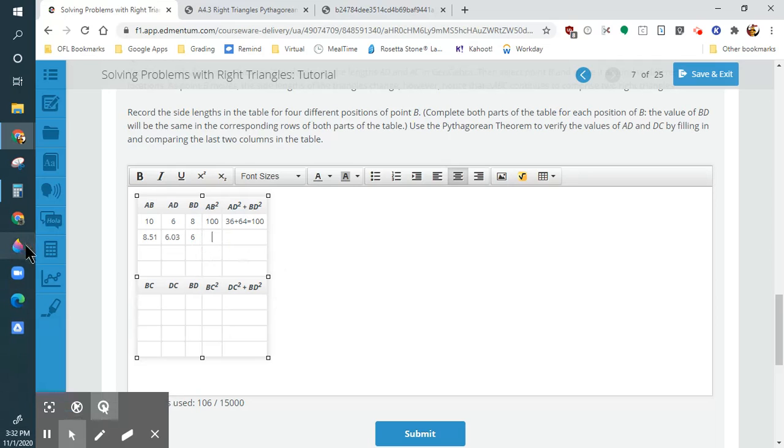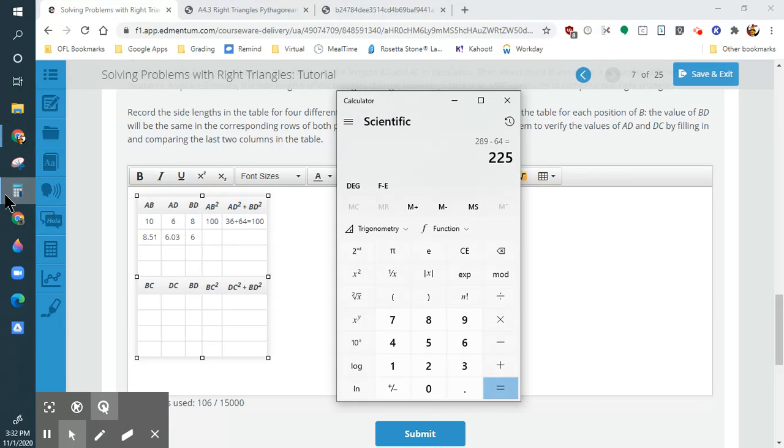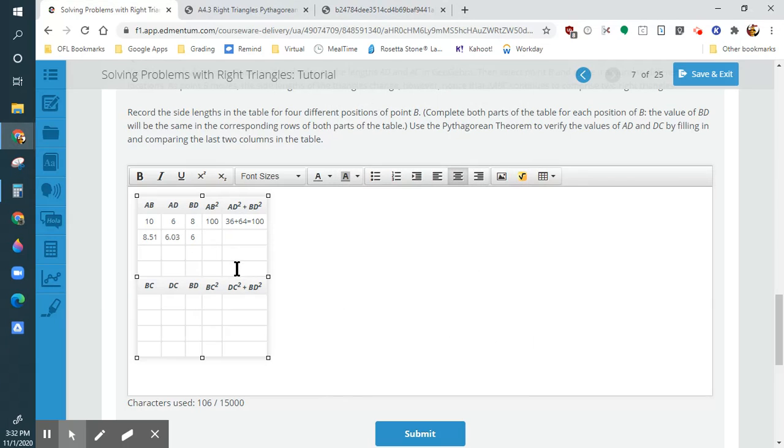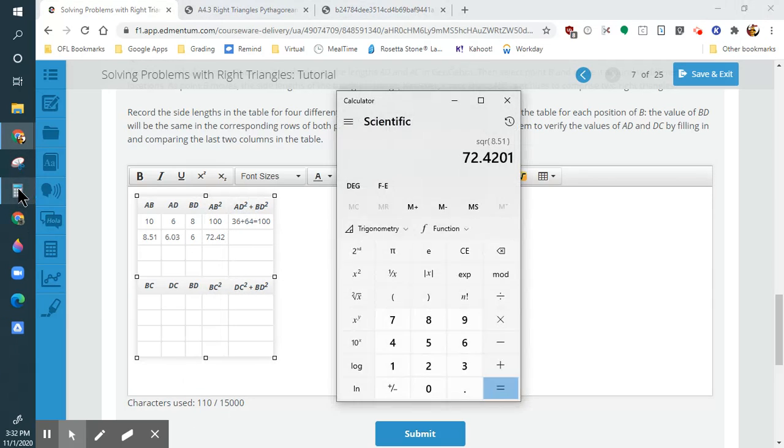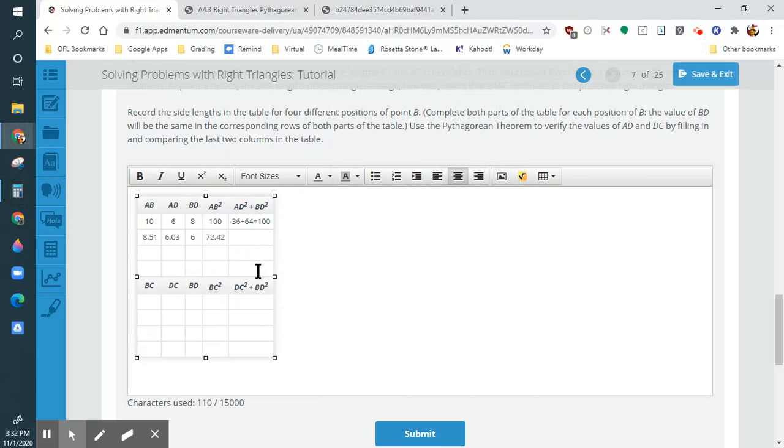AB squared, 8.51 squared, 72.42. 72.42. All right, and then AD squared. Oof. It's basically 36 plus 36, but because of that decimal place and this right here, we're going to want to do a little bit more work than that.